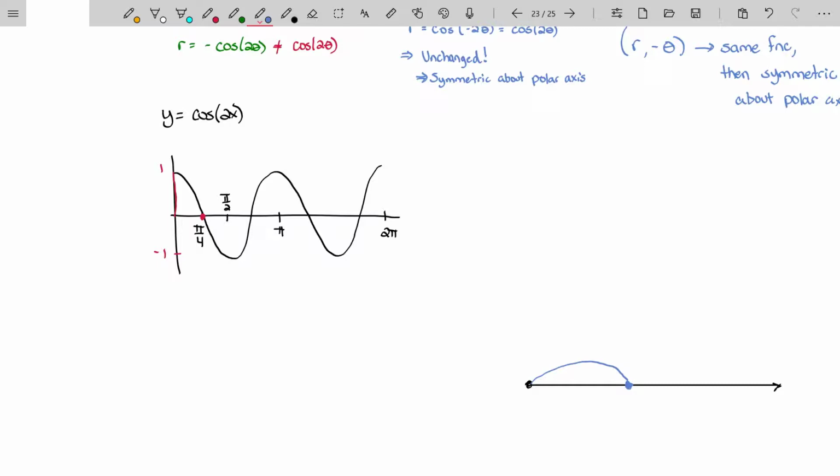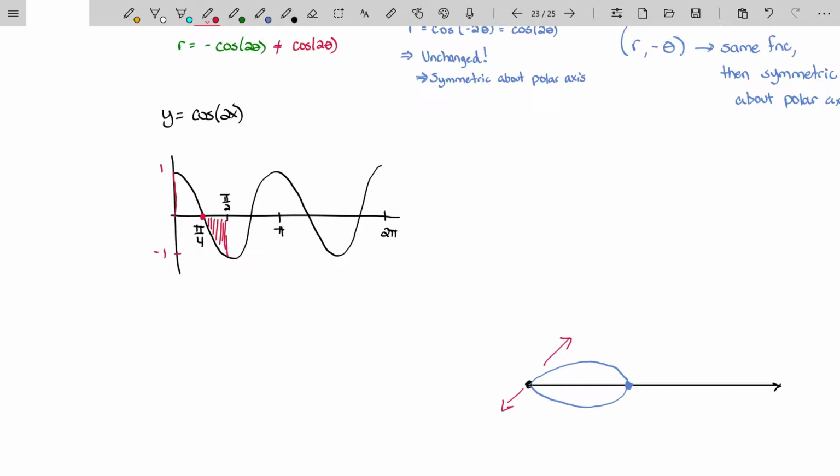By the way, because it's symmetric about the polar axis, I know it also looks like that. Then as I move beyond pi over 4, I'm starting to throw rocks behind me. Again, throwing rocks this way because I'm facing that way. And so let's see what happens here. I throw rocks behind me until I face pi over 2.